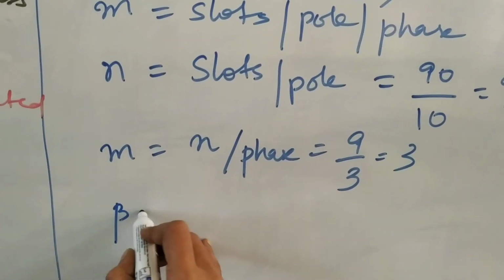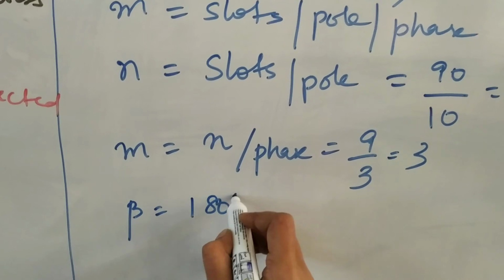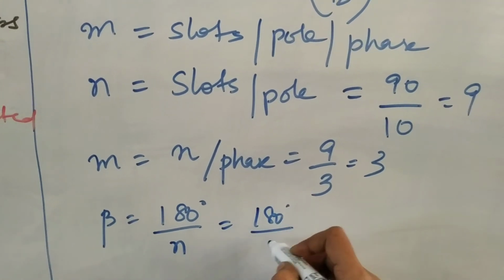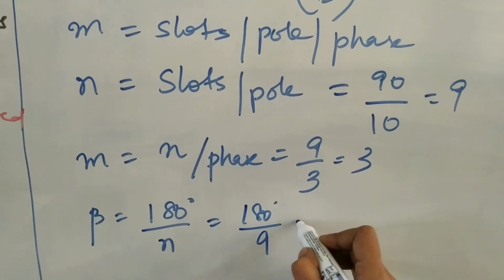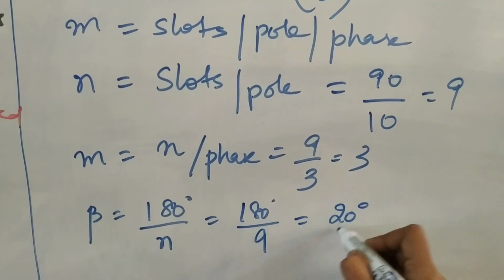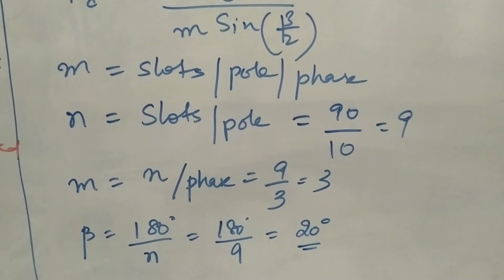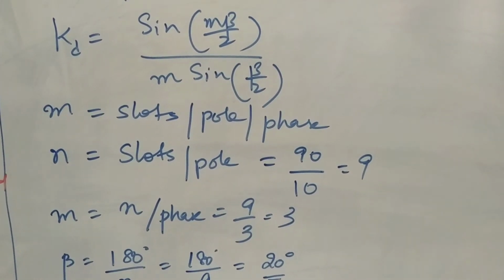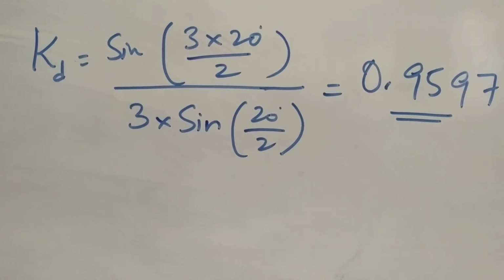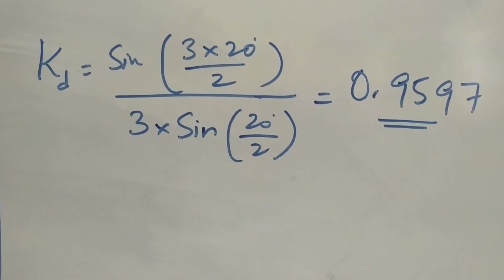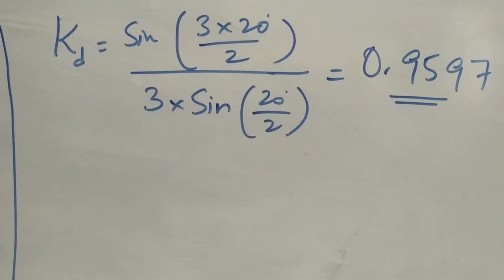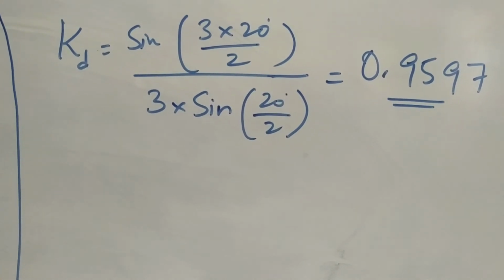So beta is equal to 180 degrees divided by n, which is 180 degrees divided by 9, which is equal to 20 degrees. Let us substitute this value, and the Kd value results in 0.9597.